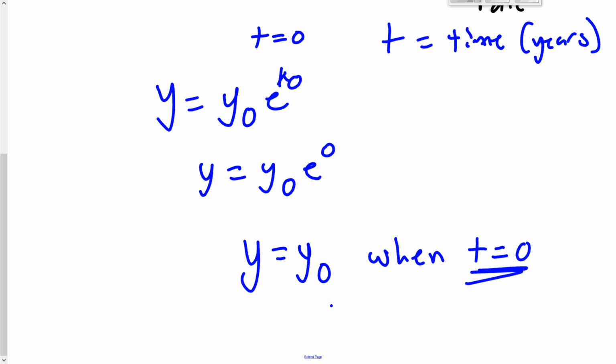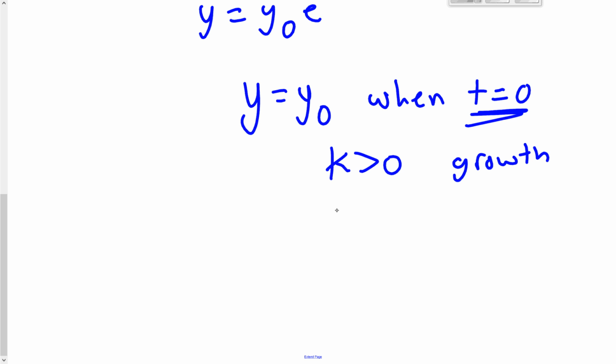And when k is bigger than 0, when that constant rate is above 0, that means we have exponential growth. And when k is below 0, we have exponential decay. We'll look at some examples of these.